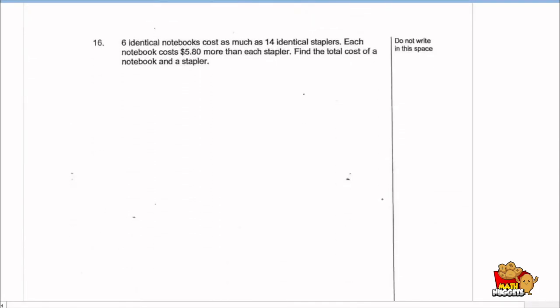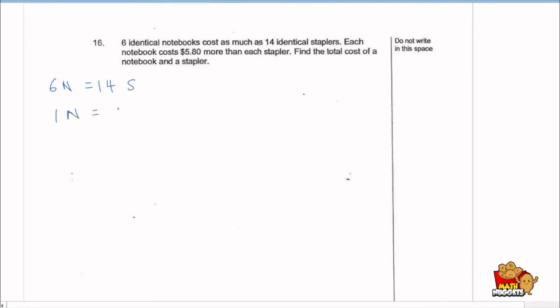Question 16. Let me write out. They say 6 notebooks cost as much as 14 staplers. So one notebook costs $5.80 more than each stapler.